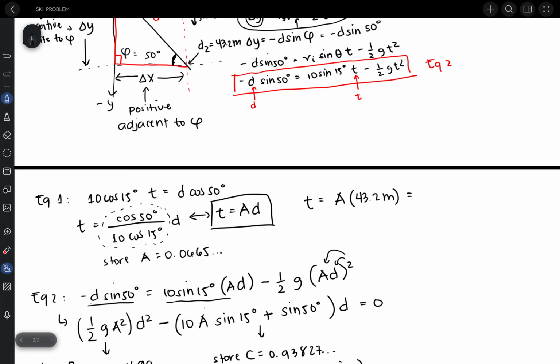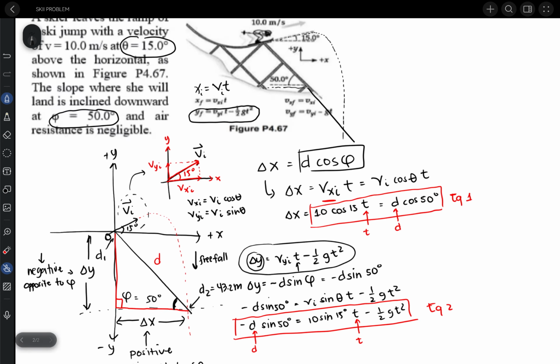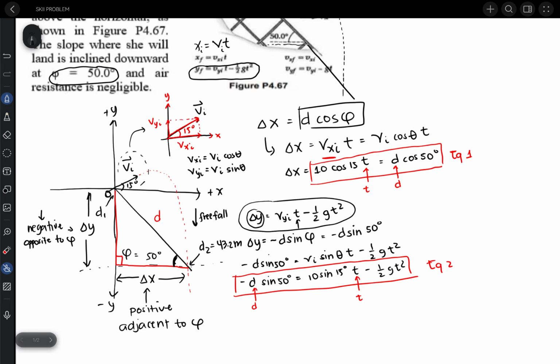Assuming that you have the value of A stored on A, you'll just write A times 43.2 on your calculator, and that will give you a value of 2.8747 seconds, or we can just approximate that to 2.87 seconds. That gives the time at which the skier lands on the platform.